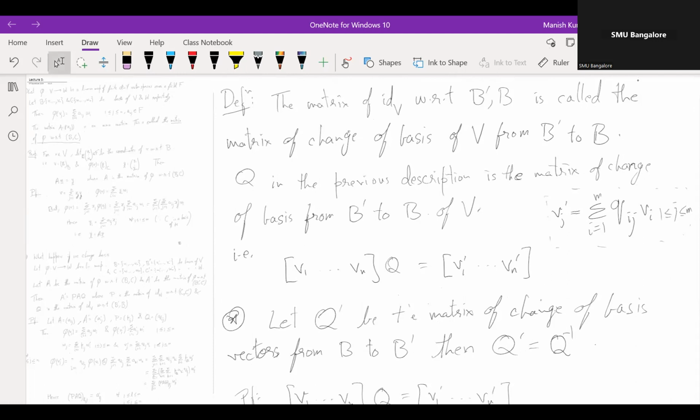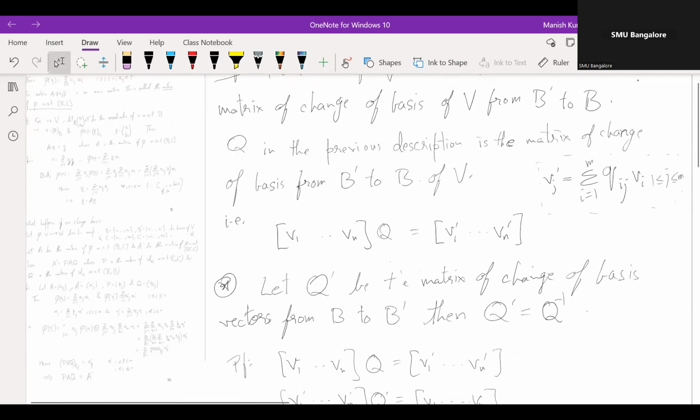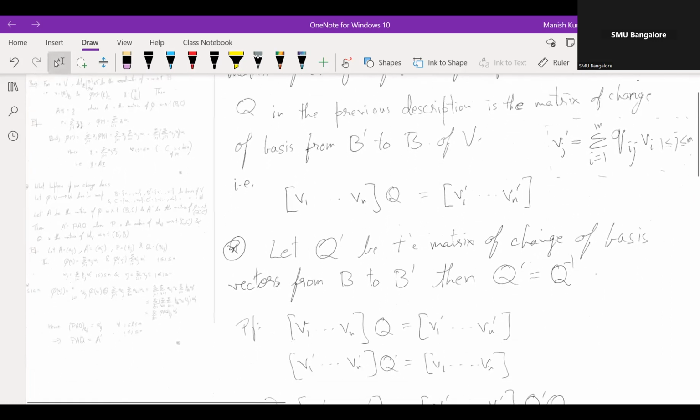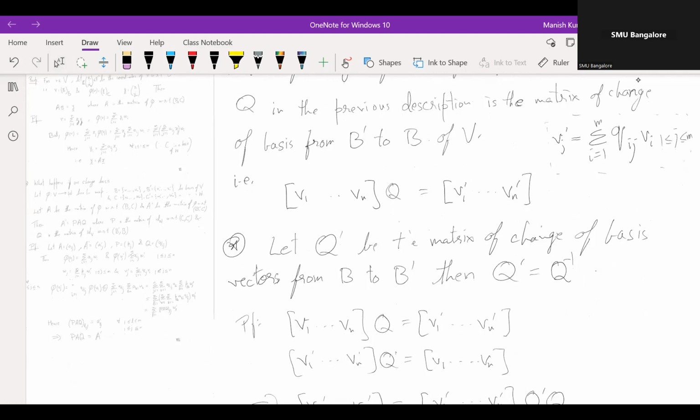So this is the relation B prime to B. If you are changing, then the new vectors V1 to Vn, if you multiply by Q, you get the old vectors. So, okay, let Q prime be the matrix of change of basis vectors from B to B prime.